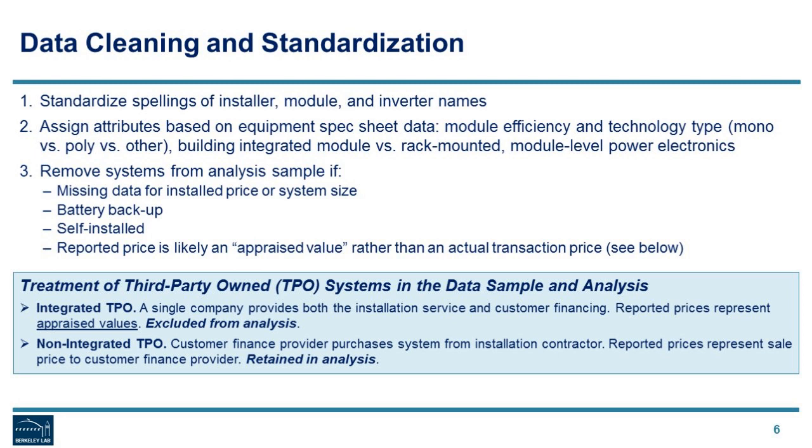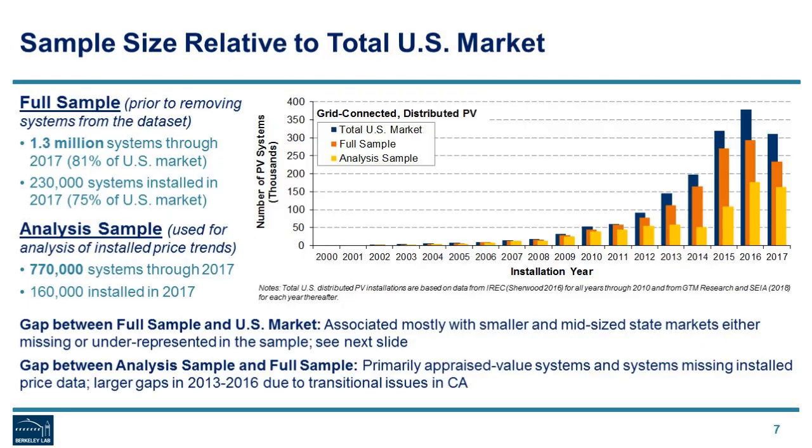Now those prices are not necessarily exactly comparable to what an individual site host would pay under a cash sale transaction, but they're similar enough to retain in our analysis, and we'll show later on how the prices can differ between those TPO systems that we retain in our analysis and host-owned systems.